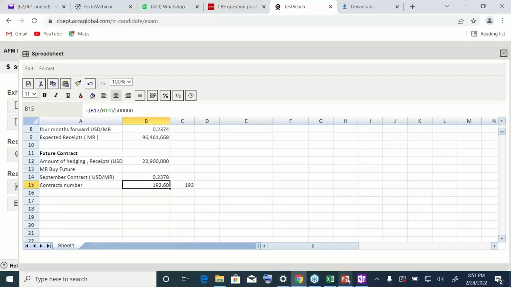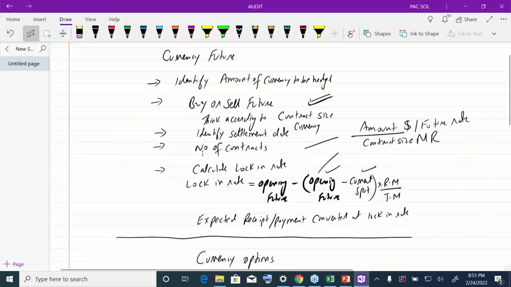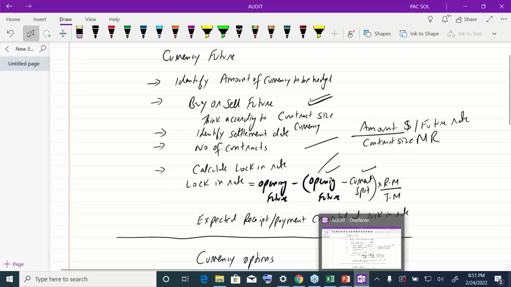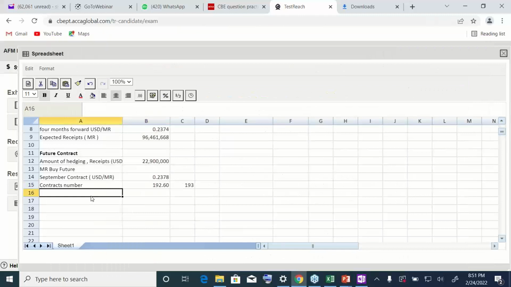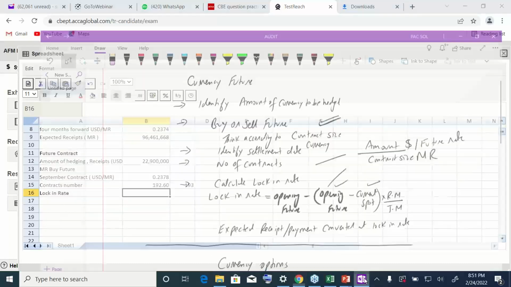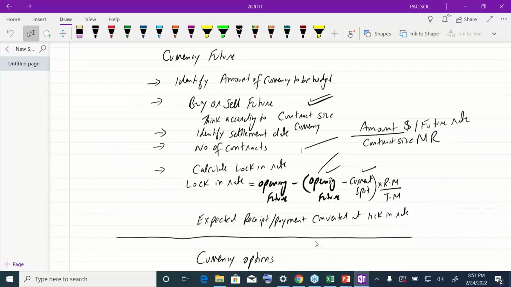Next step, after the number of contracts, will be to calculate the lock-in rate. Try to use this formula. First of all, what is the opening future? Opening future means current future.